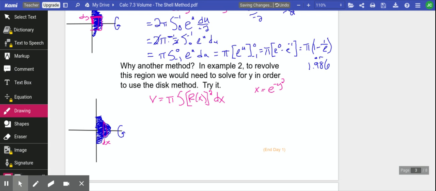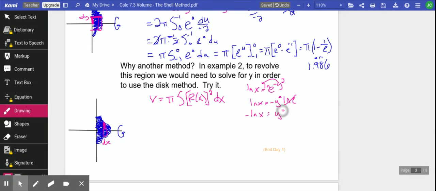All right, so in order to find the radius of this thing, the radius is determined by the function, which we have here, but we need to solve it for y. Okay, so that way we have everything in terms of x's. So let's do that. Let's solve this for y. I'm going to take the natural log of both sides, so I can bring this down in front. So I have the natural log of x equals negative y squared natural log of e, which that'll cancel. I'm going to multiply both sides by negative 1.